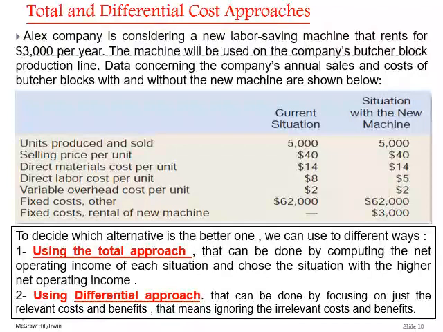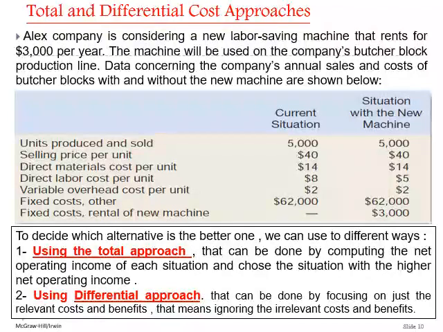For the current situation, 5,000 units, and for the proposed situation, 5,000 units. Selling price 40. Direct material cost 14. Direct labor cost 8.5.